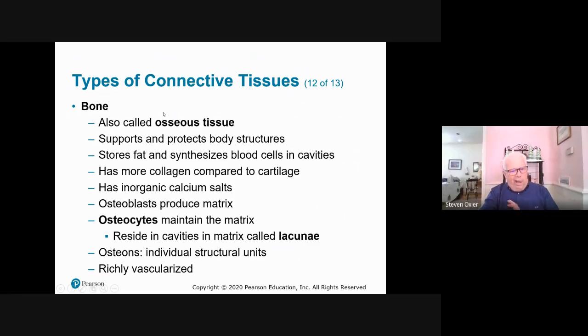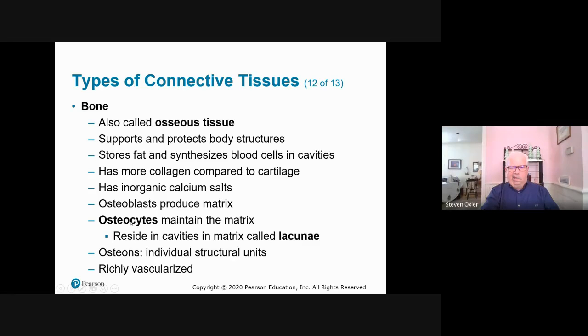Bone. We'll talk a lot more about bone. It's also called osseous tissue. Its basic function, like all connective tissue, is support and protection. It is made from collagen plus inorganic calcium salts. The osteoblasts produce bone.